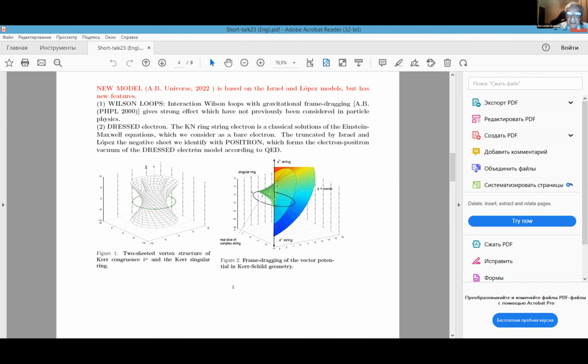So two-sheetedness is considered as two sheets, a sheet of electron and a sheet of positron, which forms the electron-positron vacuum of the dressed electron, according to Kerr. In fact, the positive sheet is the sheet of electron, and the negative sheet, after reflecting and turning into the outgoing congruence, is the sheet of positron.